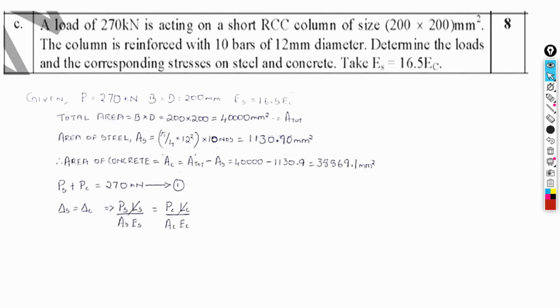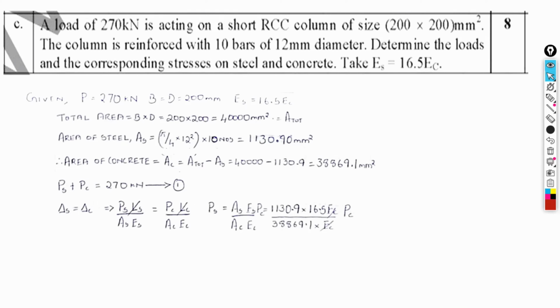The steel reinforcements are reinforced in a concrete section. Therefore, the elongation of both the concrete and the reinforcements are the same. Hence, we take elongation in steel equals elongation in concrete. So, after simplifying this equation, we will get PS equals AS into ES into PC divided by AC into EC.